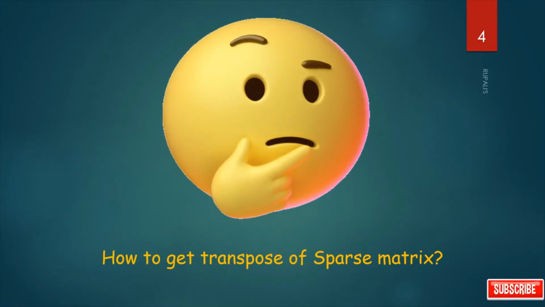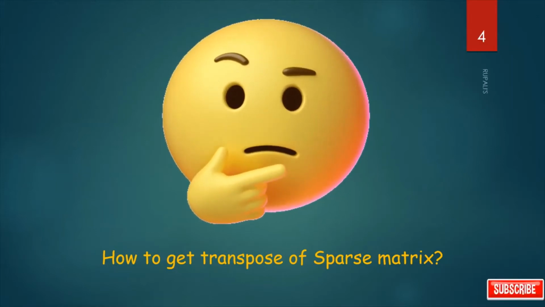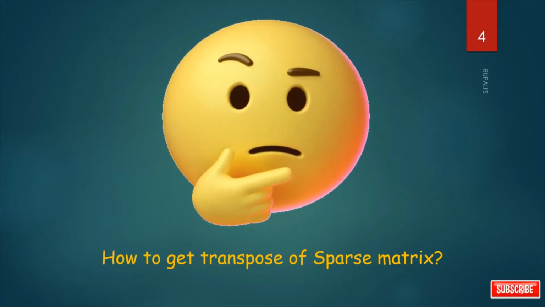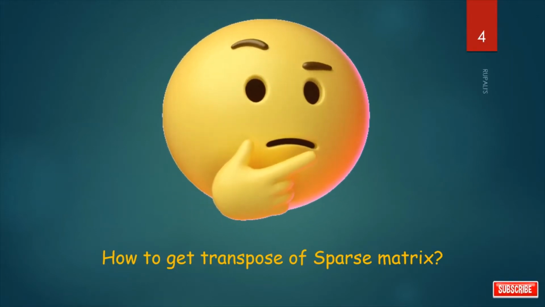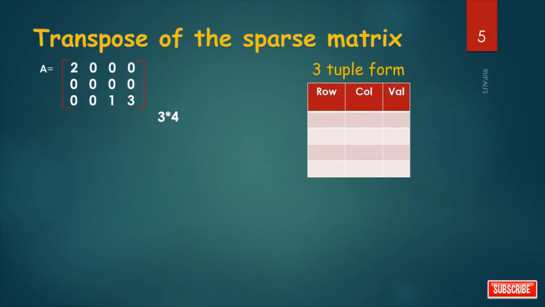Now, think how to get the transpose of a sparse matrix. That means if a sparse matrix is in three-tuple form, how to get the transpose of that sparse matrix in three-tuple form. This is an example of a sparse matrix, and the corresponding three-tuple form is this. Total number of rows are 3, total number of columns are 4, and total number of non-zero values are 3.